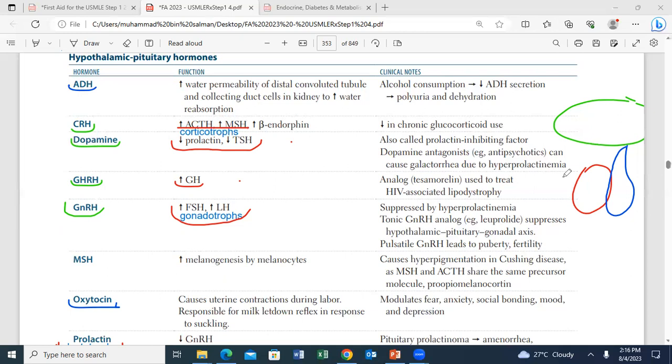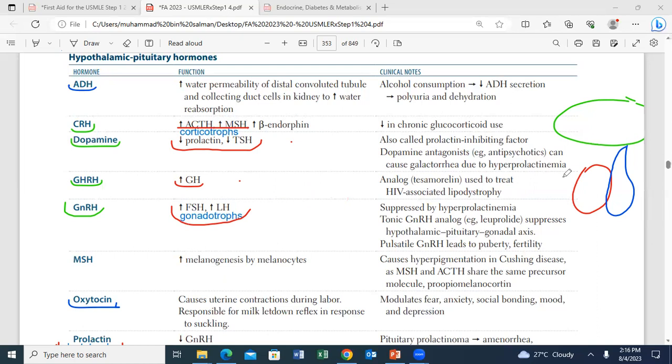Gonadotropin releasing hormone is effective when it is released in a pulsatile fashion. Similarly, parathyroid hormone, PTH, which is released by the parathyroid gland, is also effective when it is released in a pulsatile fashion, and it is not effective if it is released continuously. In fact, it has the opposite effect when it is released continuously.